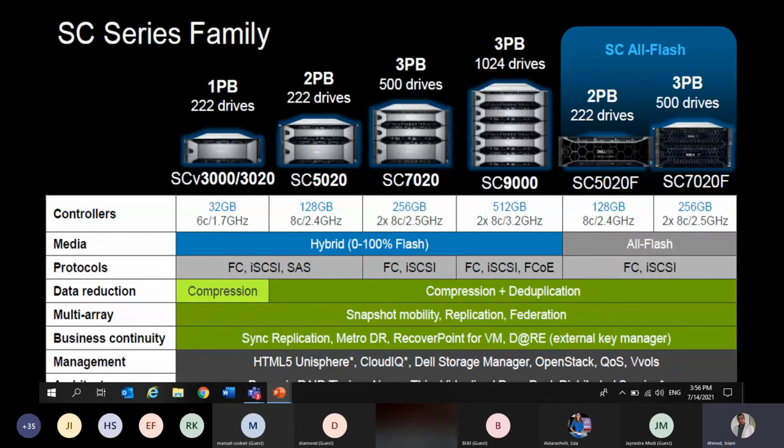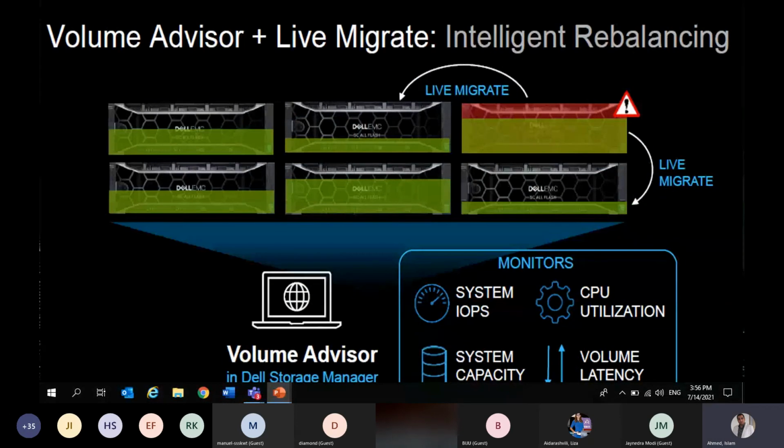Of course, Dell has another mid-range storage solution called ME. ME also has most of the SC features at even lower prices. Something very good I want to highlight is the volume advisor and volume migrate. This live migrate provides a very important benefit, which is intelligent rebalancing.